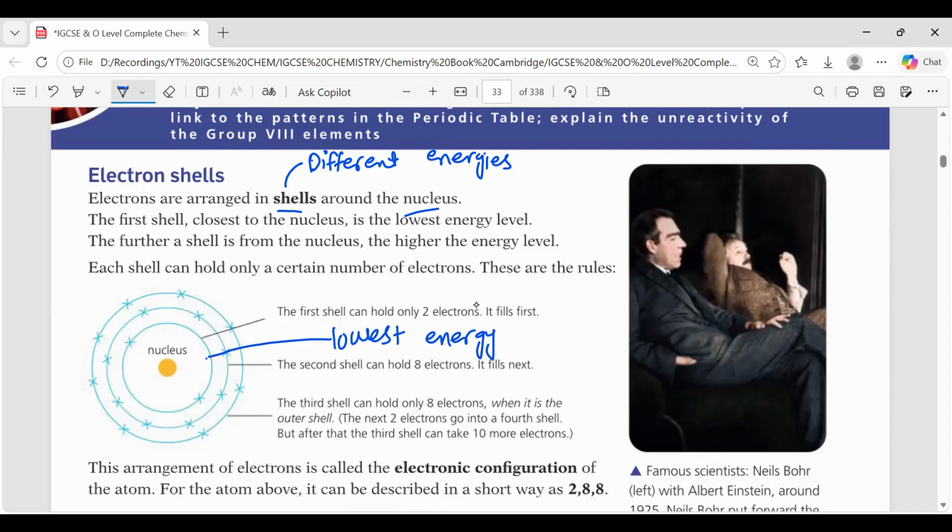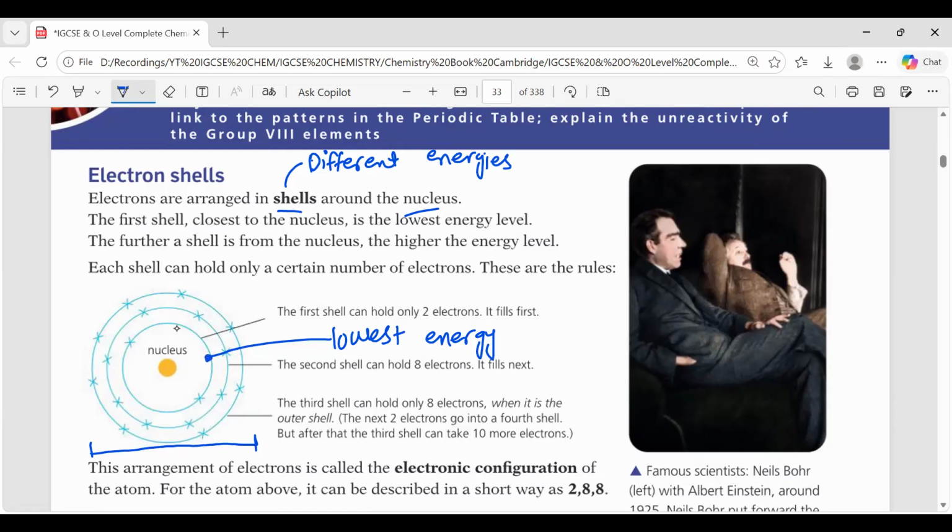Clear? And when you go further, the energy will increase. So in this diagram, which shell will have the highest energy, the first shell or the third shell? The first shell has the lowest energy.